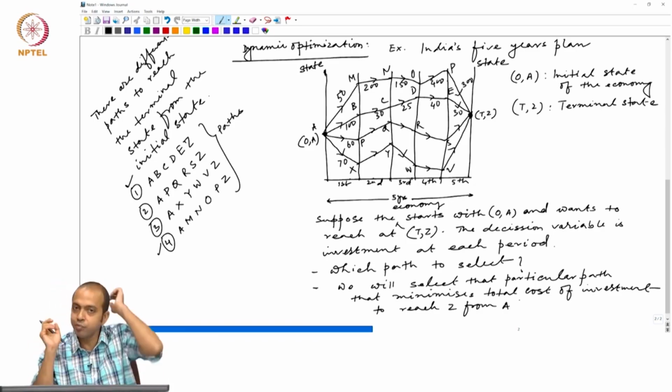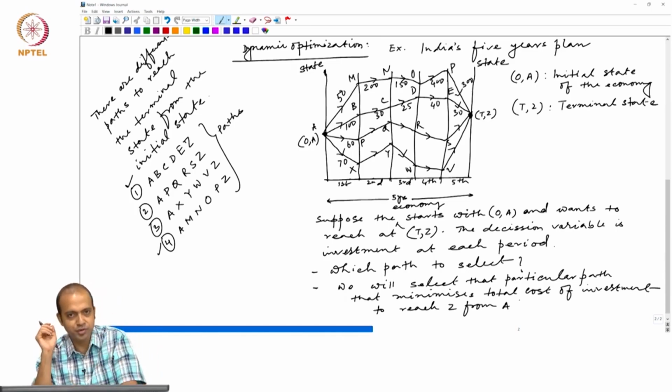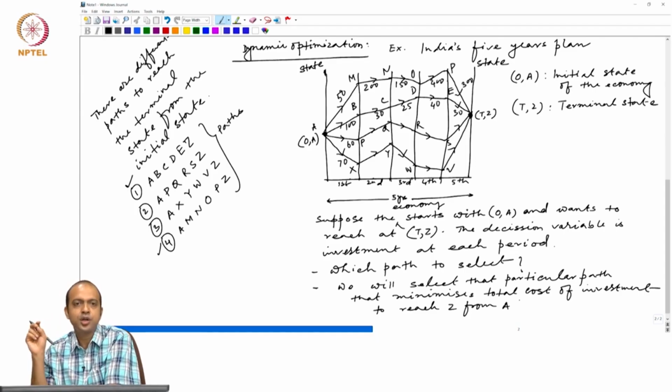This is the idea of dynamic optimization. At each period we need to select optimum investment, so that at the end of the day, when we reach TZ, that means the economy achieves Z amount of capital stock, my total cost of investment is minimum. I am not guided by a myopic vision.